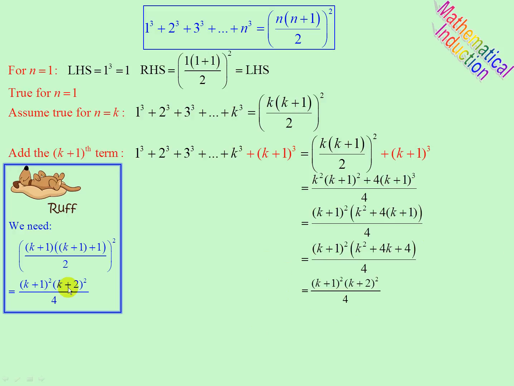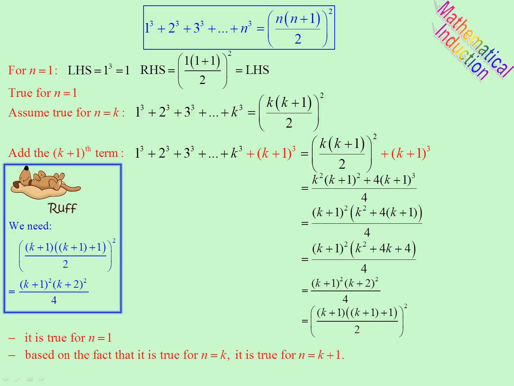Now I have that, so I can go straight to there now. Thank you, rough. True for n equals 1. True for n equals k means true for n equals k plus 1. Math induction, true for all n elements of natural numbers.